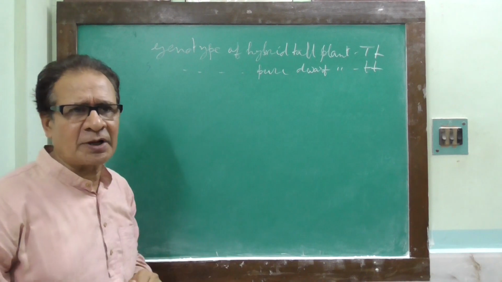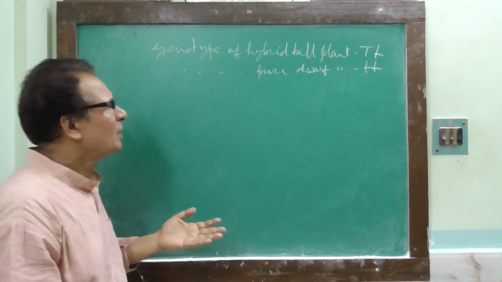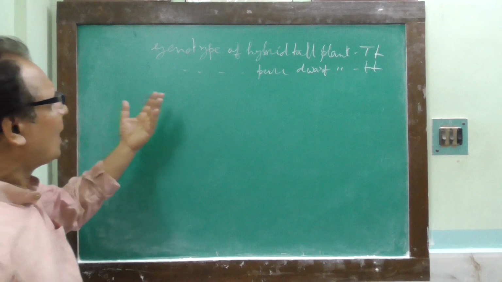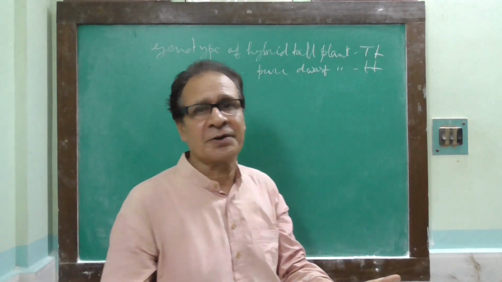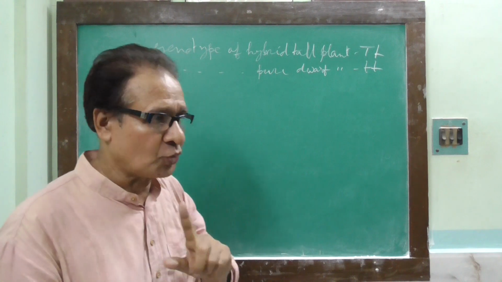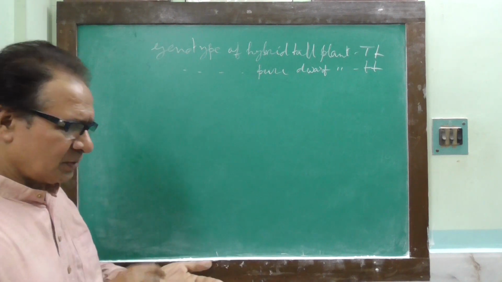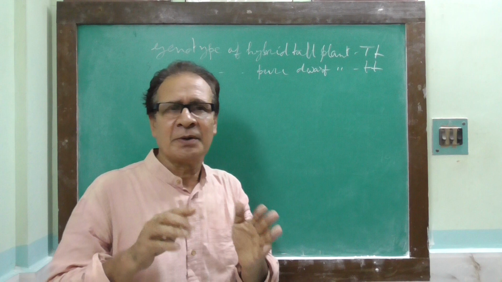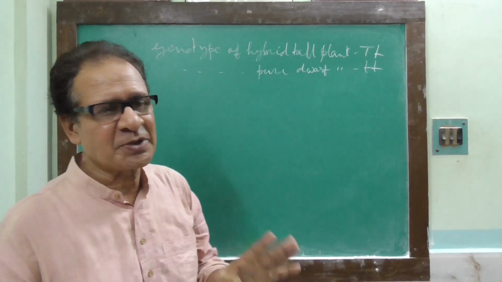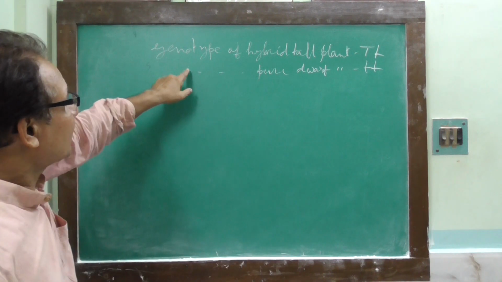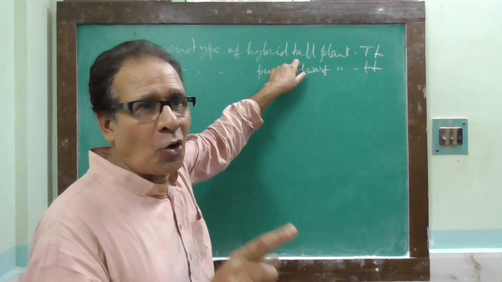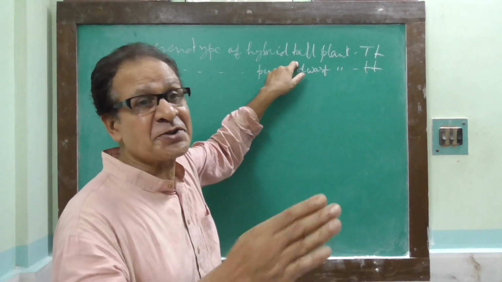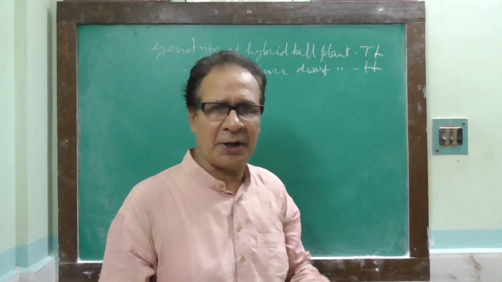Now you may ask, how do I know which trait is dominant and which trait is recessive? It is a good question. You know the terms hybrid and pure; these are genotypes. Here it is said hybrid tall, that means the tall trait is expressed in the hybrid condition, so it is dominant.